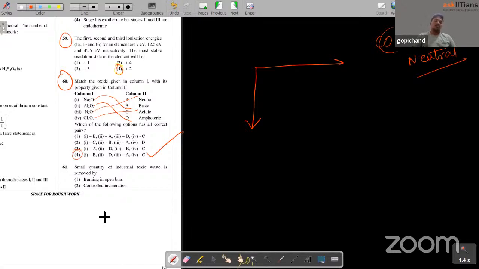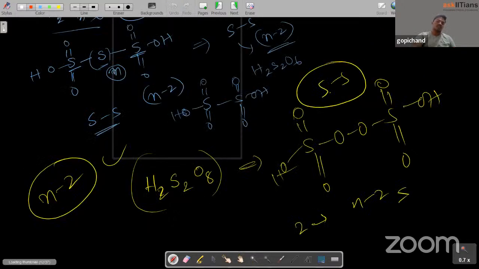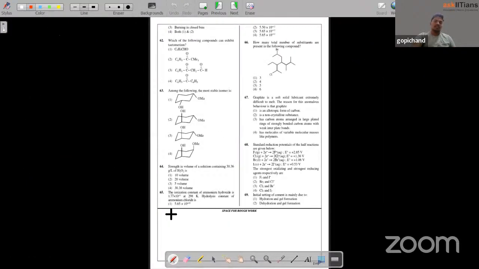I hope you understand this one. And next one, question number 61. Small quantity of an industrial toxic waste is removed by. This is a very, very important question, from environmental chemistry.